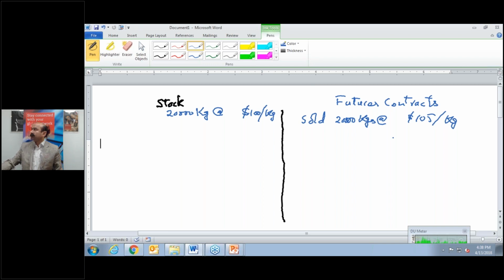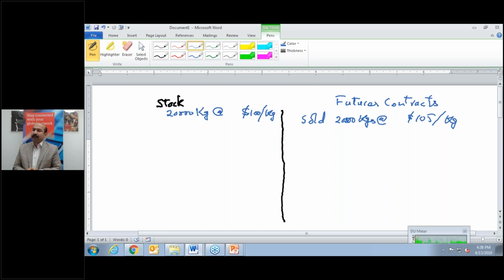So this is your transaction in the future contract. Normally, no cost is involved while entering into the future contract. You only have to pay some cash as a margin. But when the future is settled, when the future is closed, that cash is also adjusted.